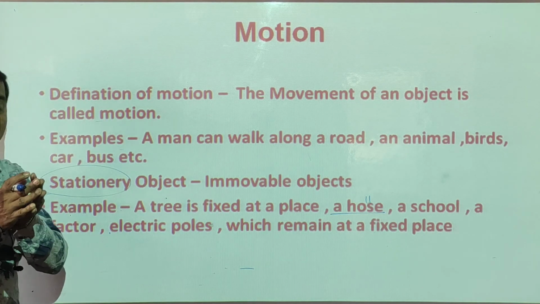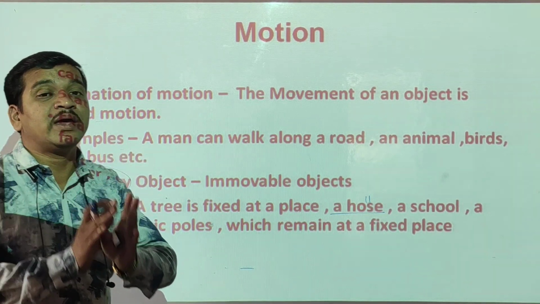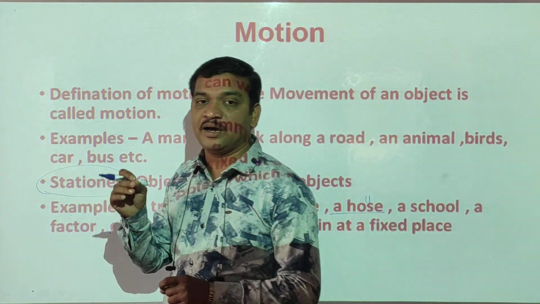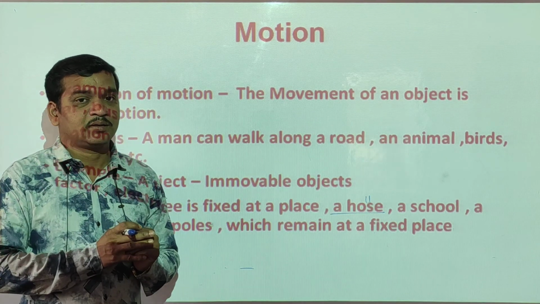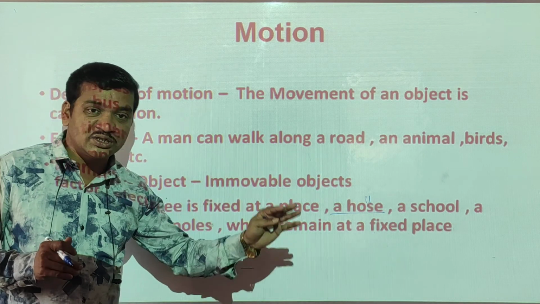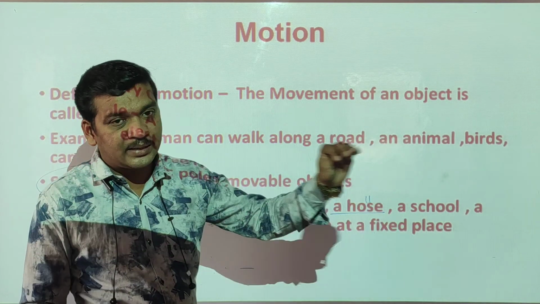A school is fixed at one place. So these are immovable objects. These objects are fixed at one place, and they don't change their position. They don't move from one place to another place.